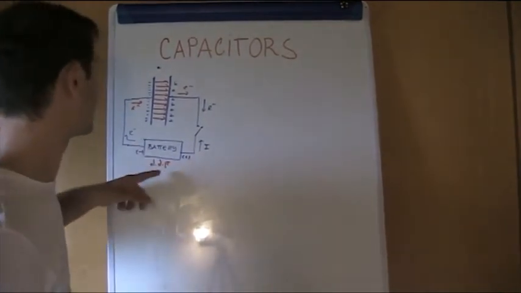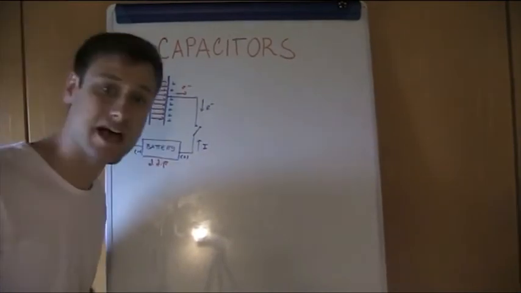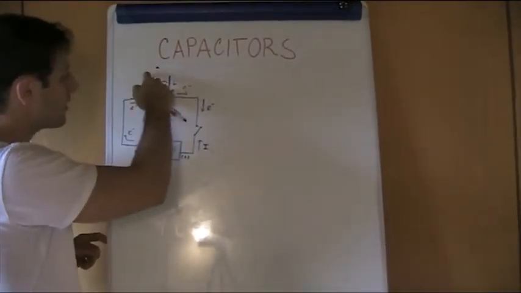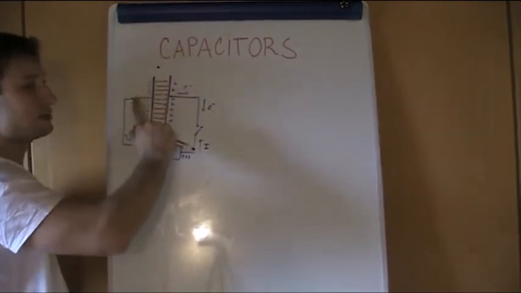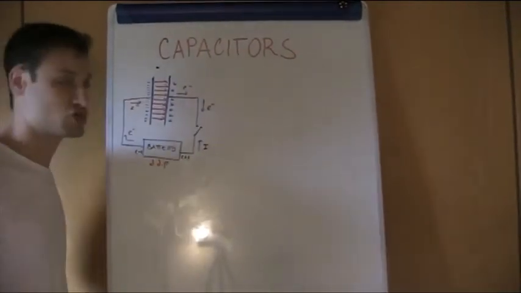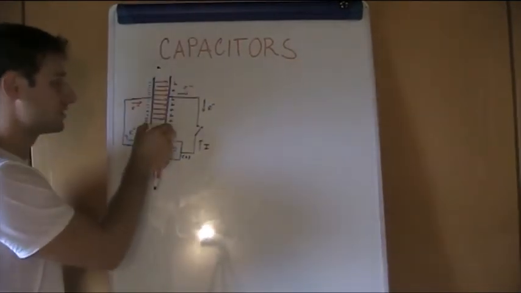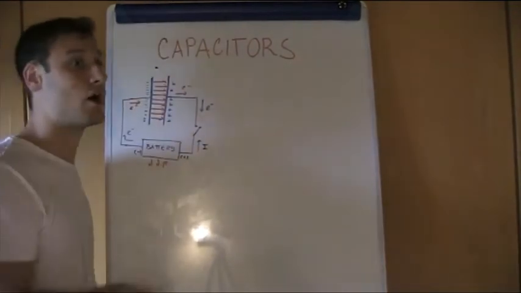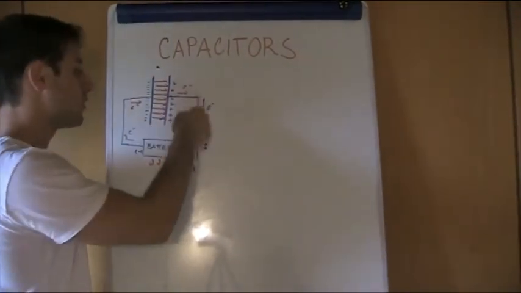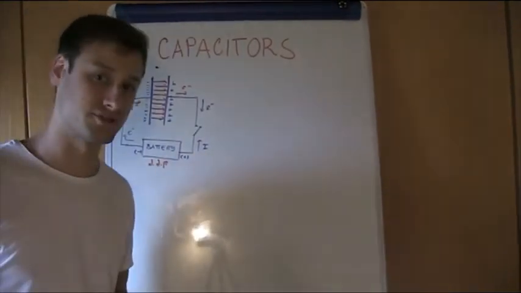If we run our process for a sufficiently long time, we are charging this plate more and more, and the other plate more and more with the opposite charge, until a point at which the difference in voltage is equal to that of the battery but opposite, and so the flow of charge ceases, the flow of electrons stops.